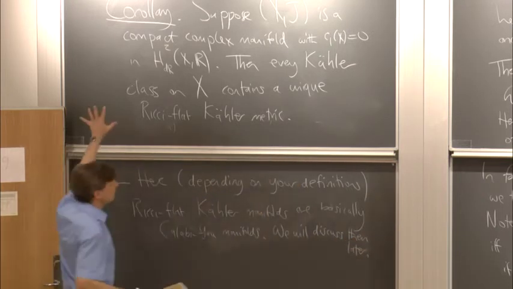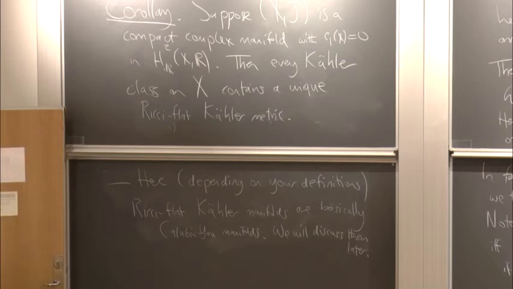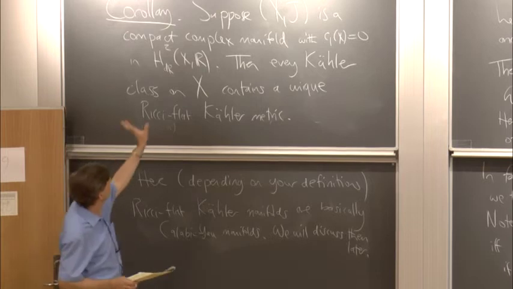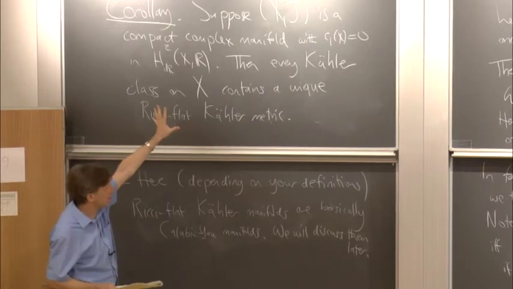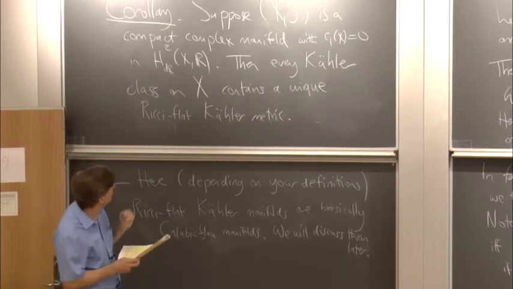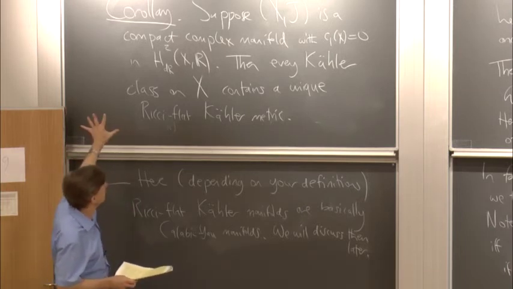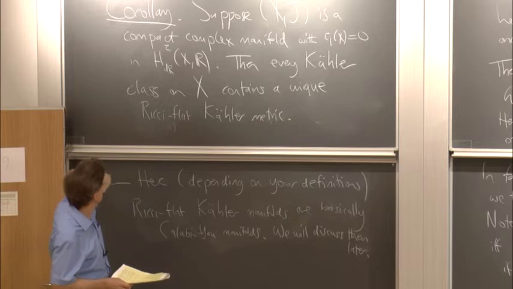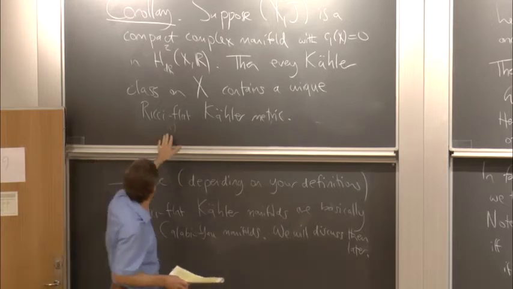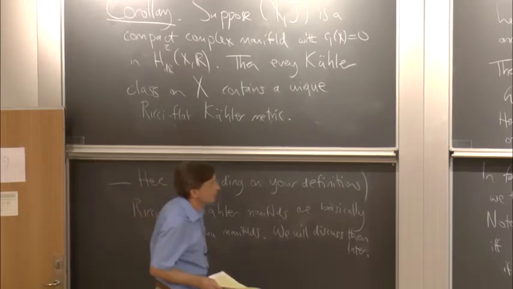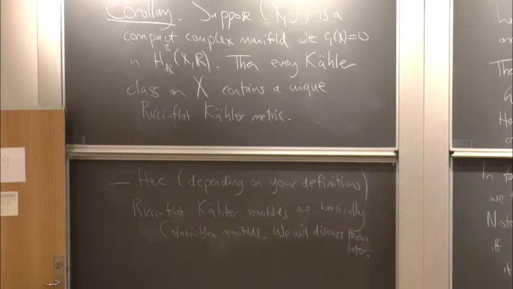So this corollary is going to be our technique for producing examples of Calabi-Yau manifolds. You have to find a suitable compact complex manifold with c1(X) equals 0, which you do using algebraic geometry, and then this Calabi conjecture result would tell you that you can find the Ricci flat Kähler metrics. It's also worth noting that this is just an existence result.